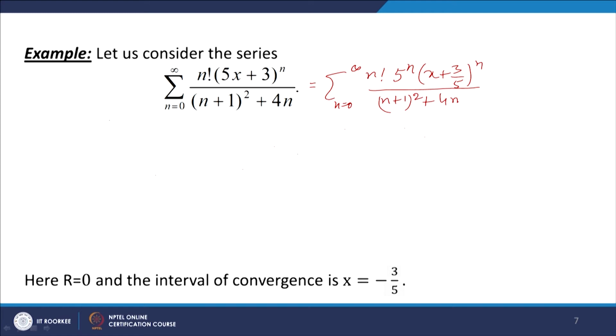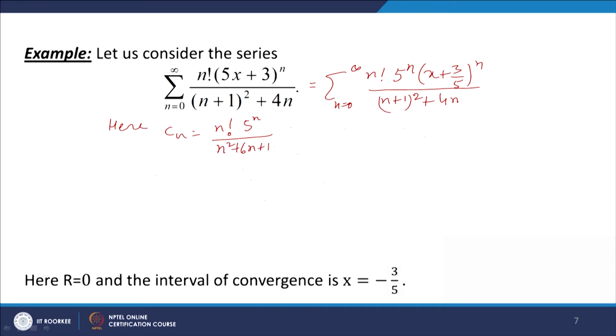Okay. So, here C_n is equal to n factorial 5^n over (n+1) factorial times ((n+1) square plus 4n). So, (n+1) square means n square plus 2n plus 1, so n square plus 6n plus 1.